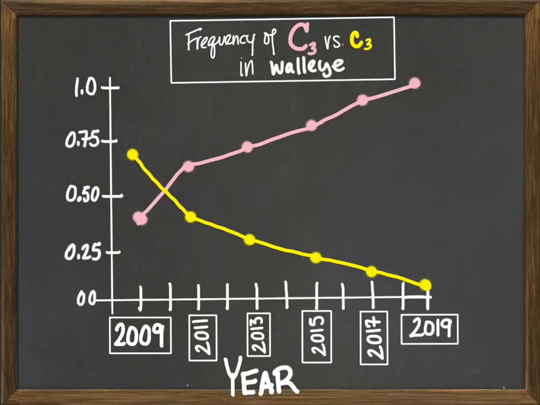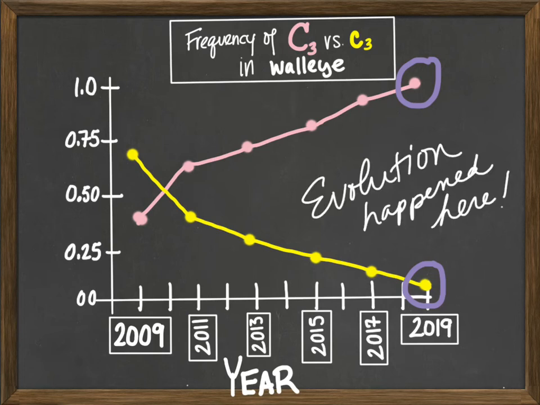Every year, the percentage of alleles made up by the recessive, the small c3, dropped until we get to 2019, when almost 100% of the alleles in the population are the big C3, and the little C3 has almost completely disappeared. Guess what? Evolution happened here. With regards to this gene, this walleye population has in fact evolved.